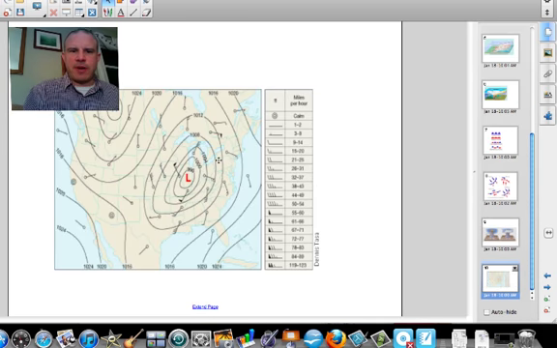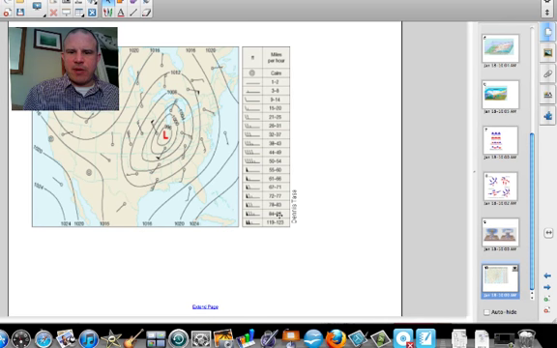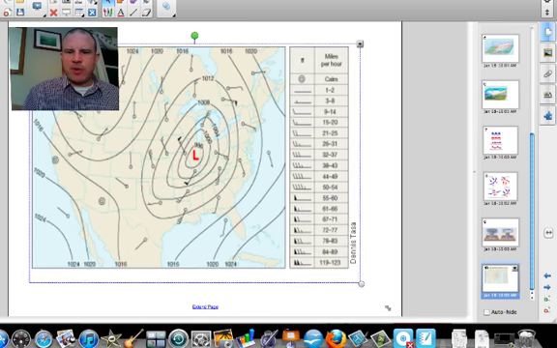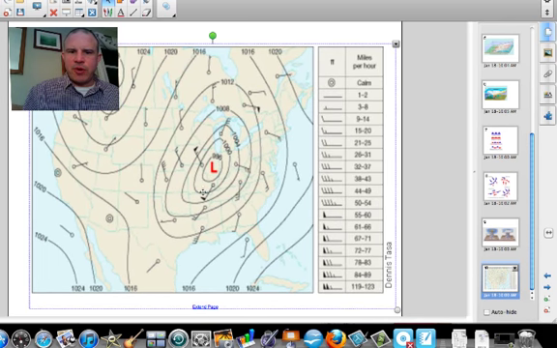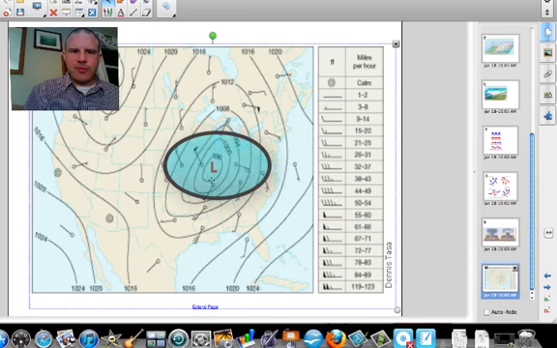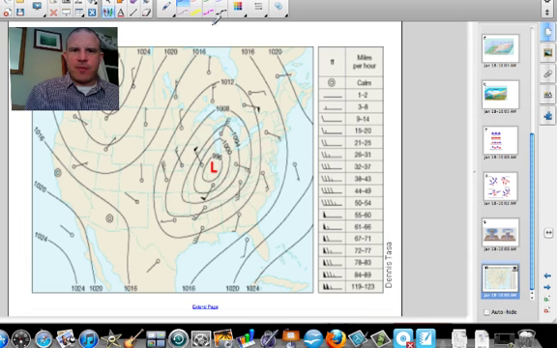Here's an example of a weather map similar to what we've seen before. It shows you your low pressure. What you would typically have, if we had temperatures, is our cold front that would run through here, and then out in front here we would have our warm front.